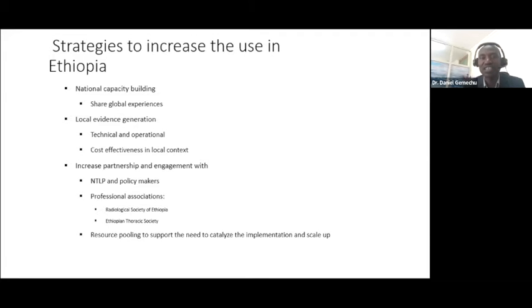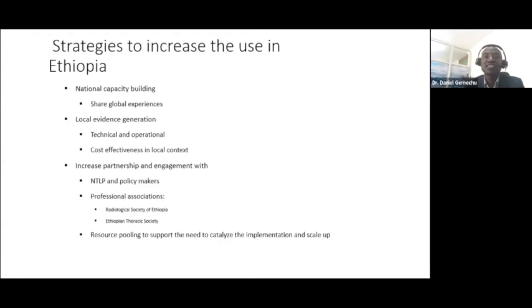So technically and operationally, information and evidence is really coming more, and we need to increase building on this. The third one is usually, as a policy for policymakers, the most difficult thing that they come up against is they say, okay, it is cost effective. So having local evidence generation and testing patients with technology actually indicates how effective this is, and also it gives local governments the ability to plan according to the effectiveness and its utility for the community.